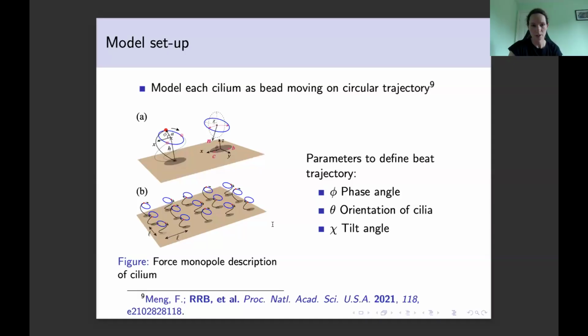Theta and chi are parameters in the model that just tell you how we set up the rotor, so the circle that it goes on, how it's tilted, and how it's oriented relative to the lattice that we put these cilia on. So we put these trajectories onto a 2D lattice. It's a 3D problem, so the fluid dynamics is all done in 3D above a surface, in a 3D half space, but the rotors are arranged on a 2D lattice on the surface.